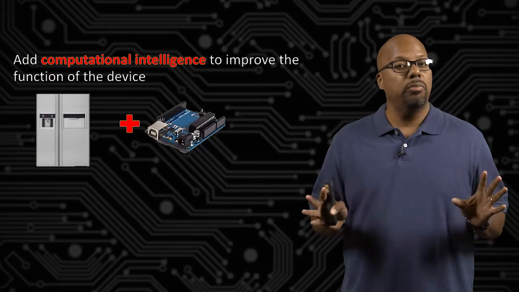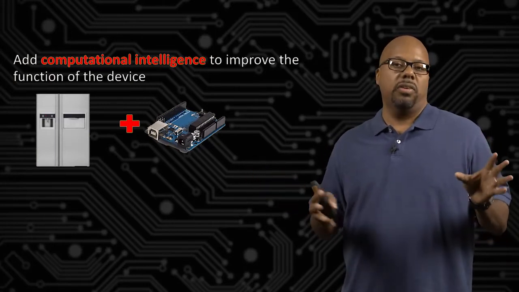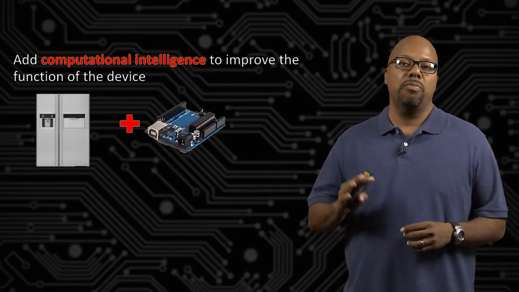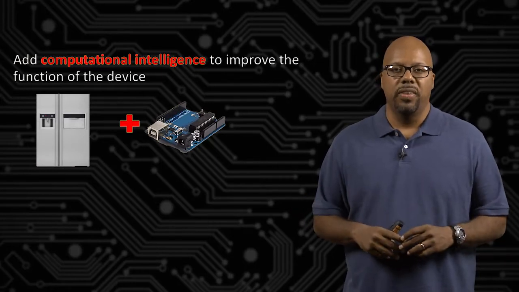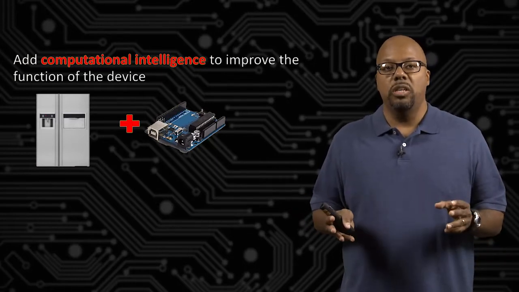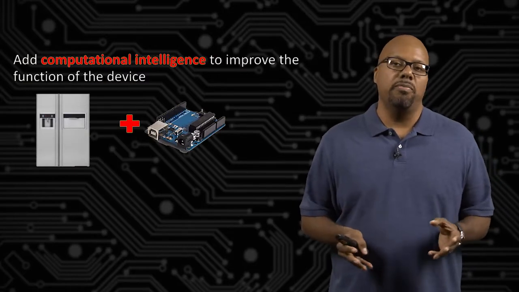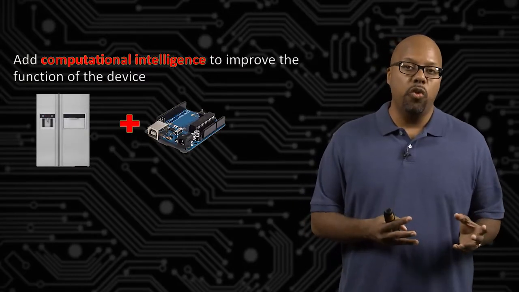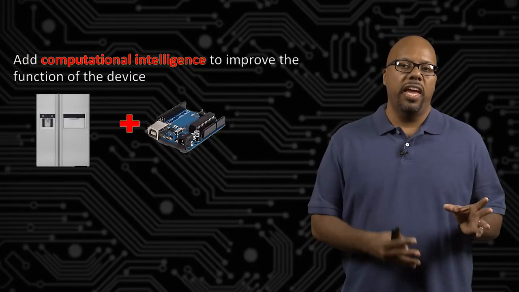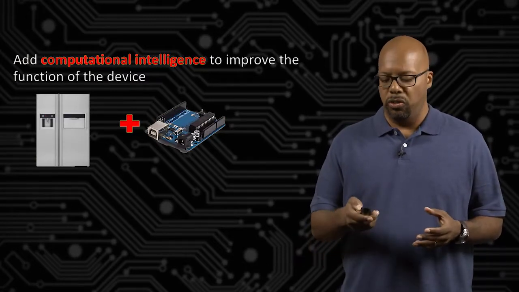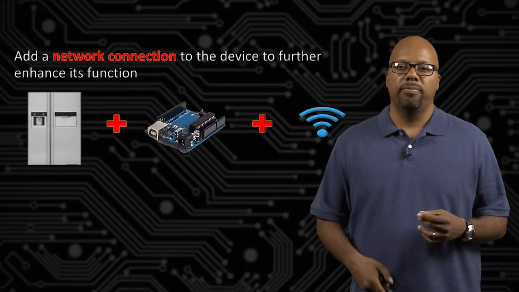So it doesn't look like a computer. It looks like a thing of some kind. It looks like a refrigerator, but it actually has computational intelligence inside. So it's really a computer hidden on the inside. And it somehow is used to improve the functionality of the device, to make the device do what it did before, but better. So that's what you start with. You start with a thing, you add some intelligence, some computer technology inside it.